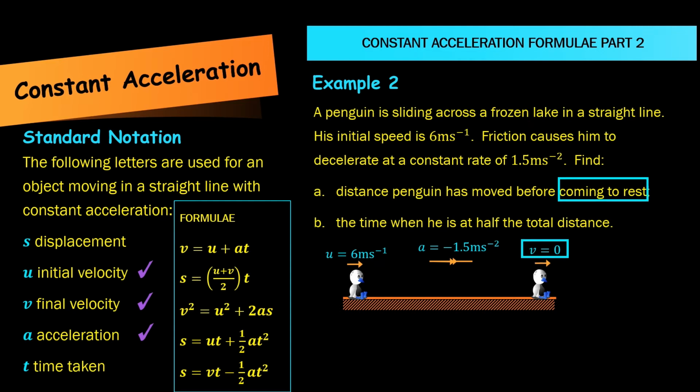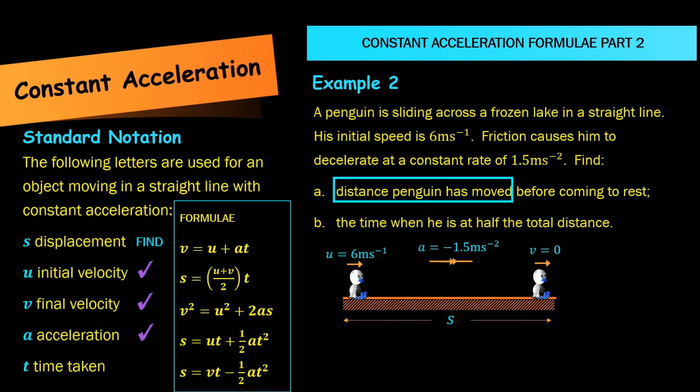And he comes to rest in part A, so V equals 0, and we're required to find the distance between when he started and when he came to rest. And that is of course represented by S.